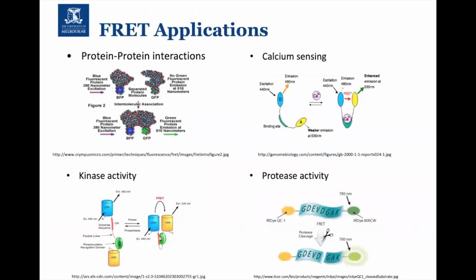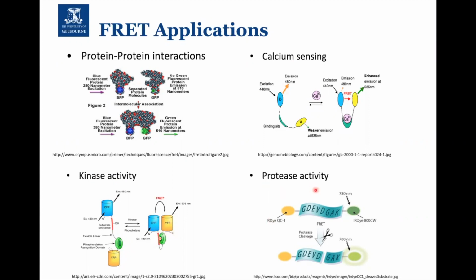In terms of the number of applications you can use for this, it's essentially endless if you can come up with a FRET pair. So as mentioned, things like protein-protein interactions, calcium sensing, where when calcium binds, you have a structural rearrangement that causes FRET. Things like kinase activity, again, when something's phosphorylated, that causes a structural rearrangement, which causes FRET.